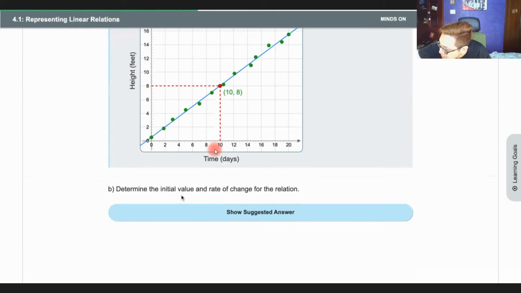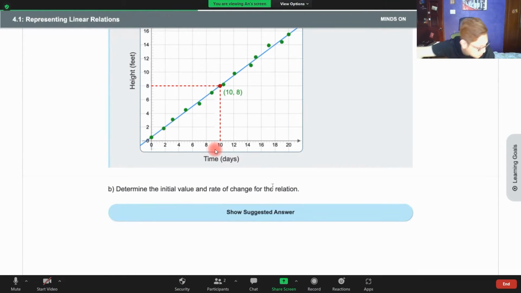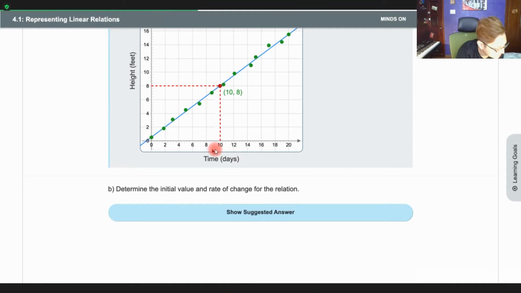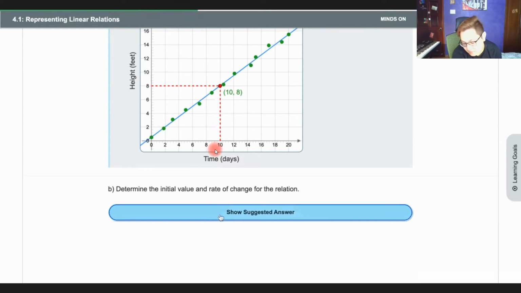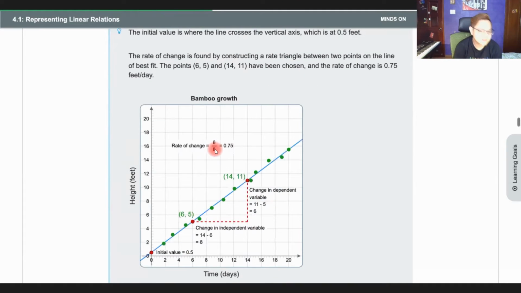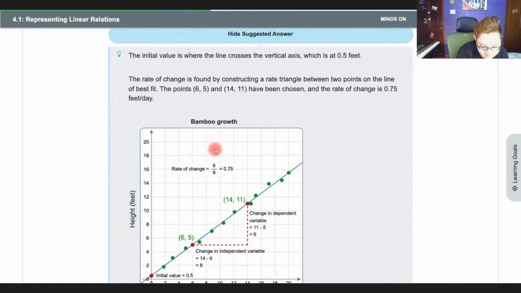Determine the initial value and rate of change for the relation. So the suggested answer is: the initial value is where the line crosses the vertical axis, which is at 0.5 feet.